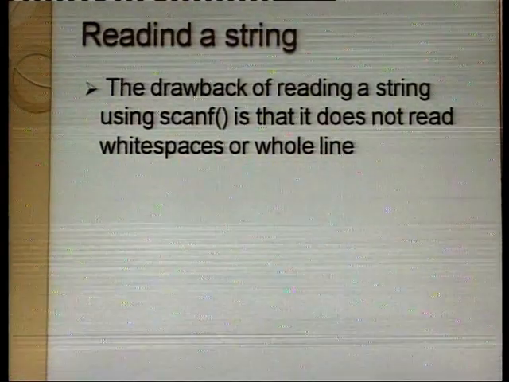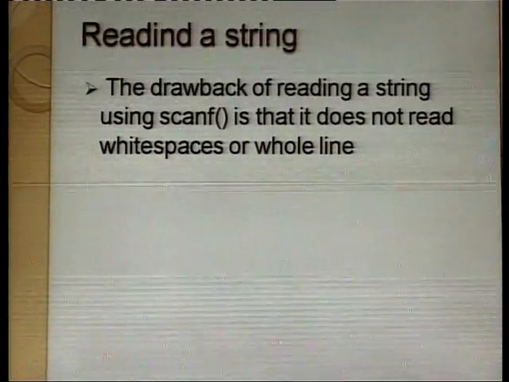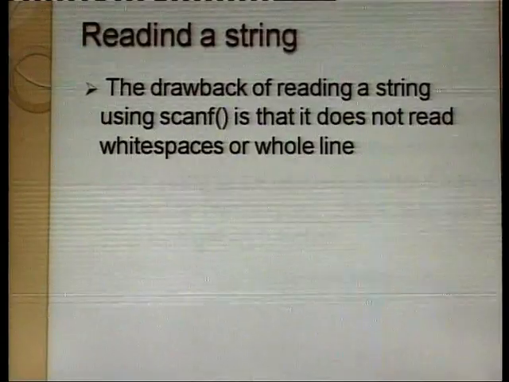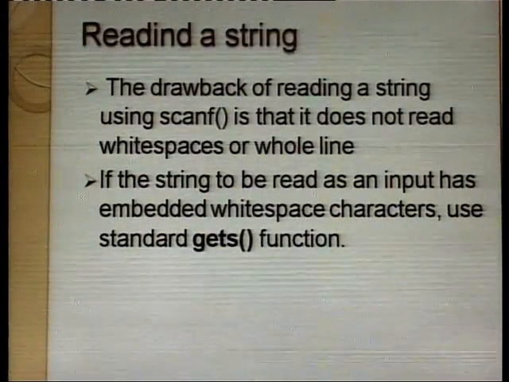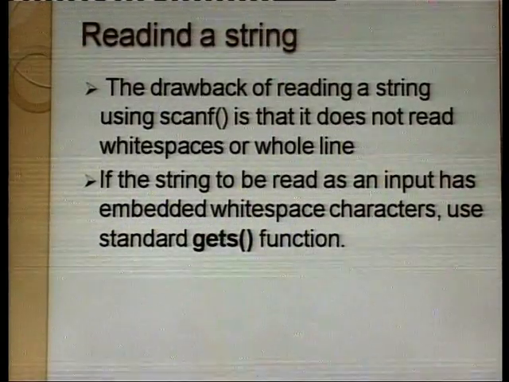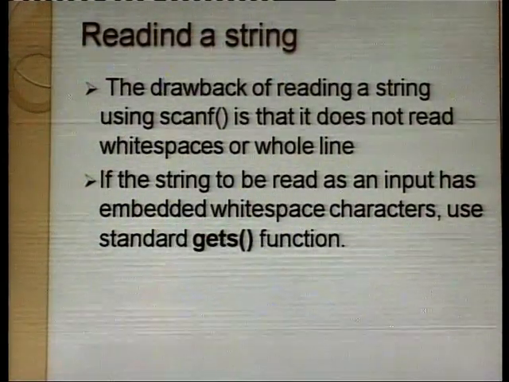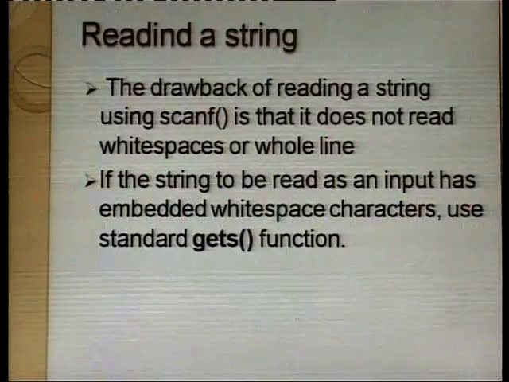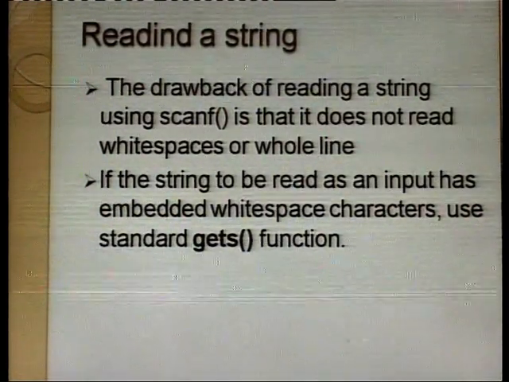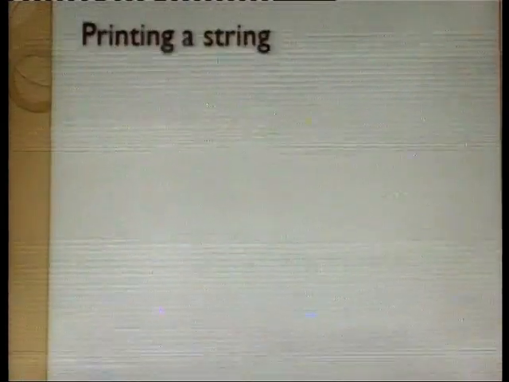It does not read white spaces or the whole line. Whenever a white space occurs, it stops reading. If the string to be read as an input has embedded white space characters, use the standard gets function. If we want to enter a string variable that has a white space, then we have to use the gets function.